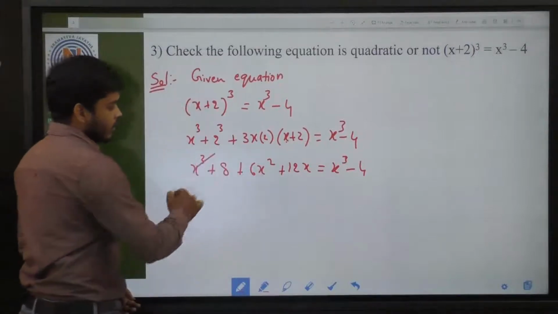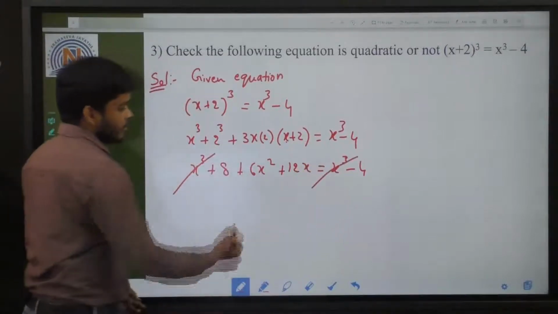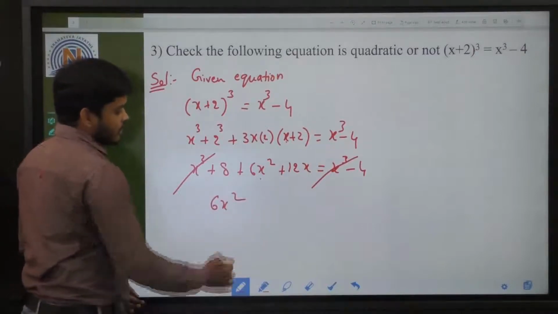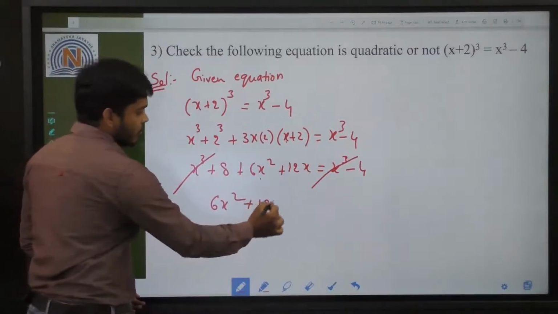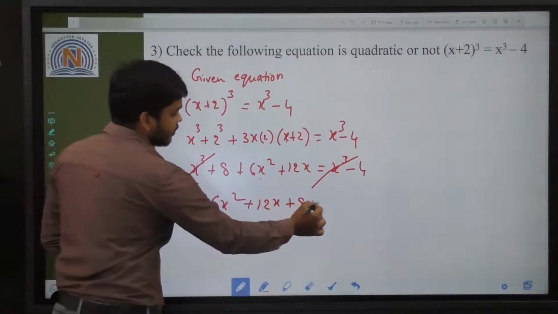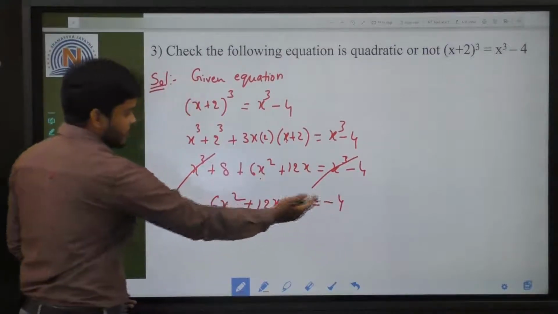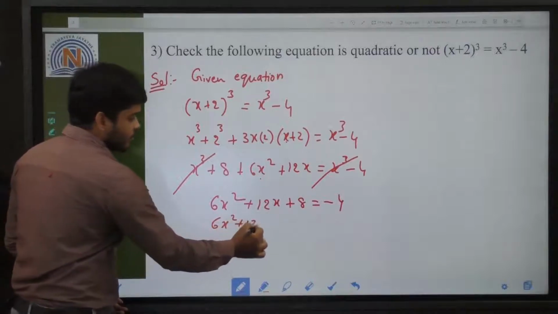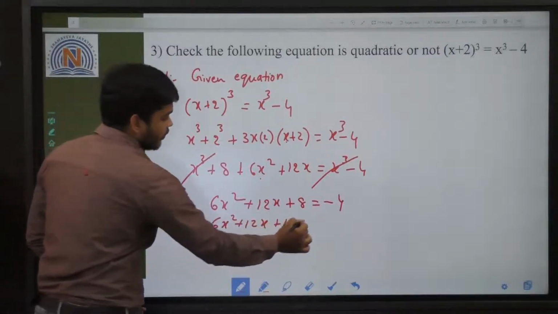The x cube gets cancelled, so arranging in order: 6x square plus 12x plus 8 equals minus 4. Sending minus 4 to the left-hand side, 6x square plus 12x plus 12 equals 0.